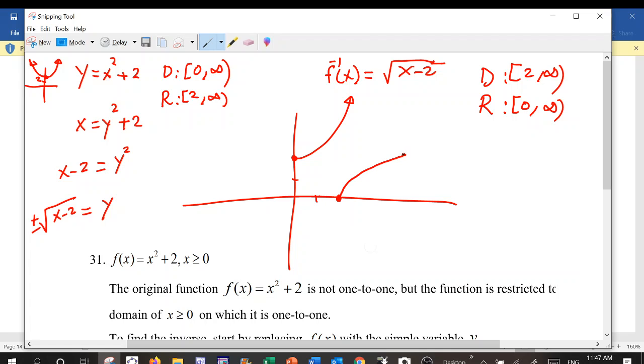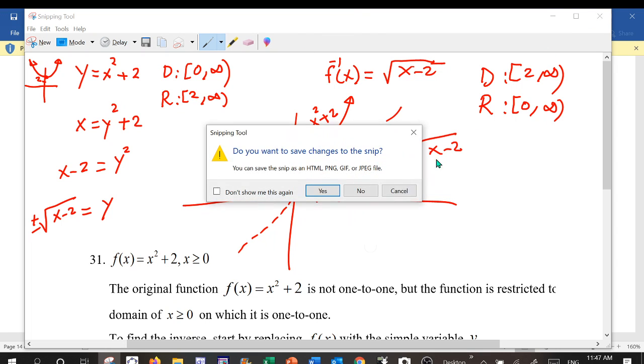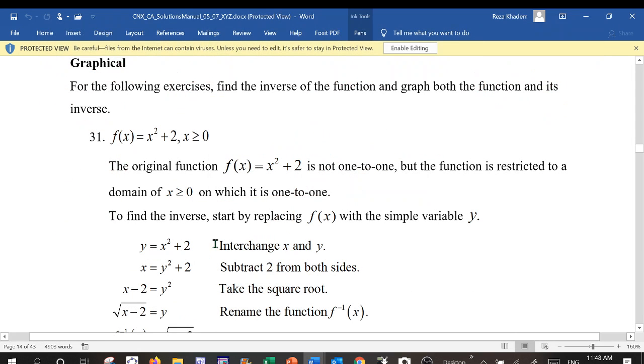And this is x squared plus 2, but in the domain 0 to infinity. Obviously they are symmetric with respect to y equals x.